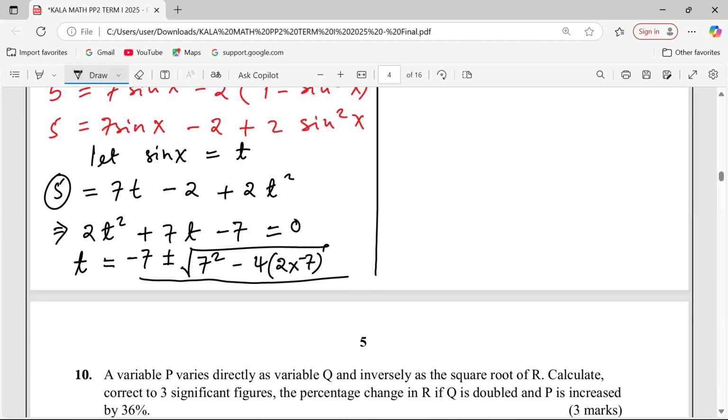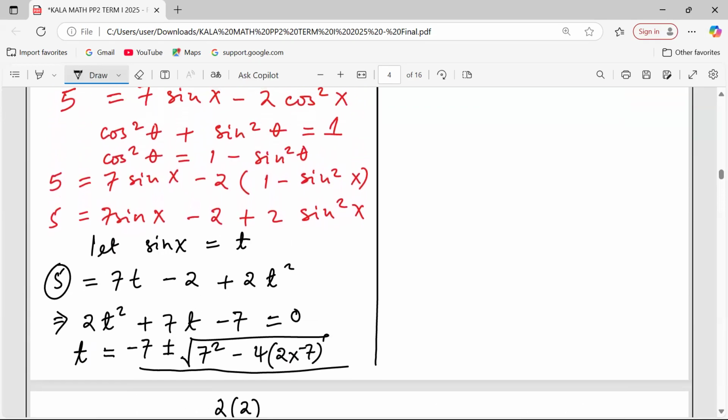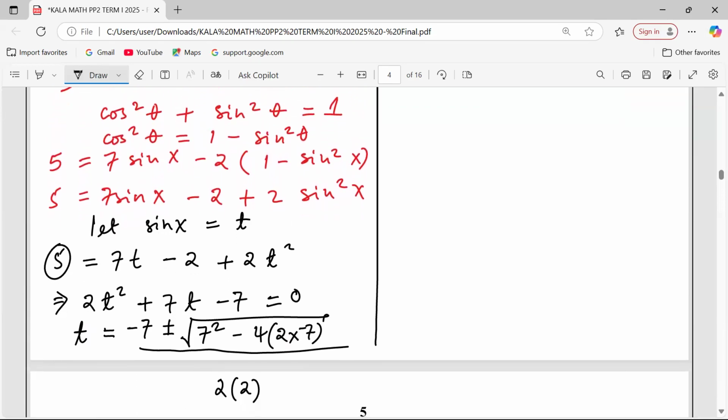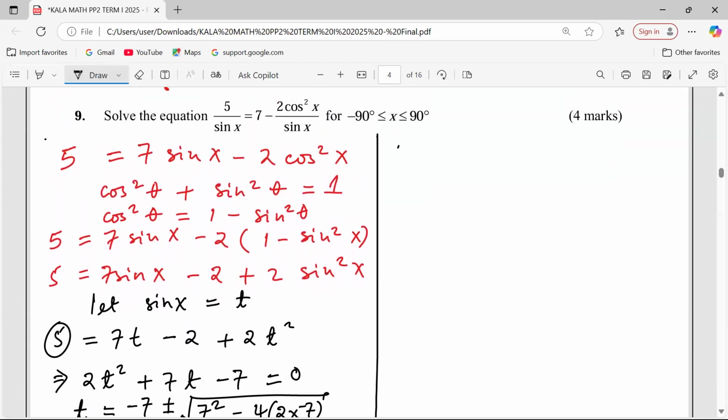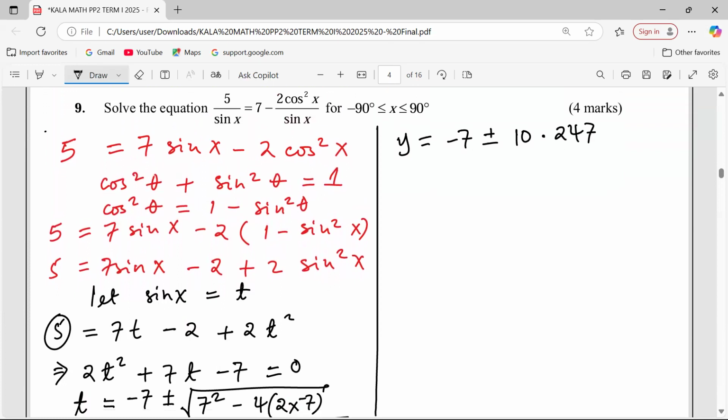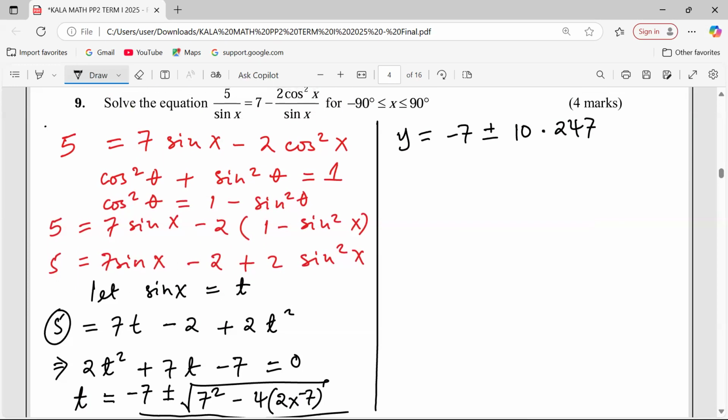So 2 times a is 2 multiplied by 2 because the value of a is 2 in that equation. So we will get two values. We'll get t equals negative 7 plus or minus 10.247, then everything over 4.